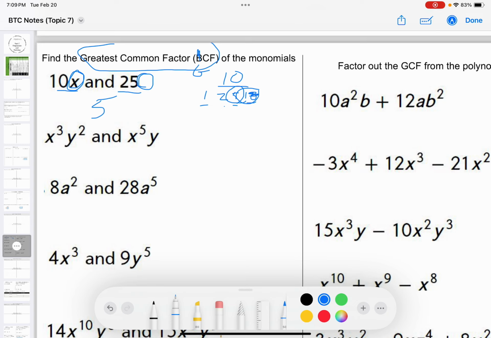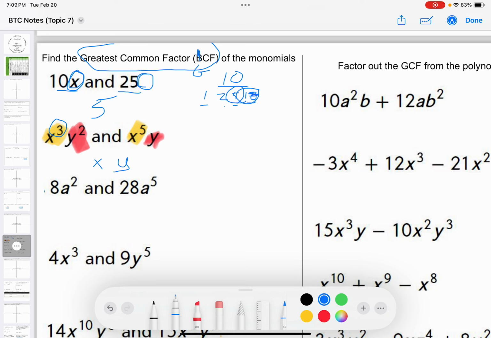Now, in the second, we've got y's and x's. And so being that there is x's and y's in both of these, we will be able to factor out an x and a y. Now, how many x's we can factor out is based off of the smallest number.